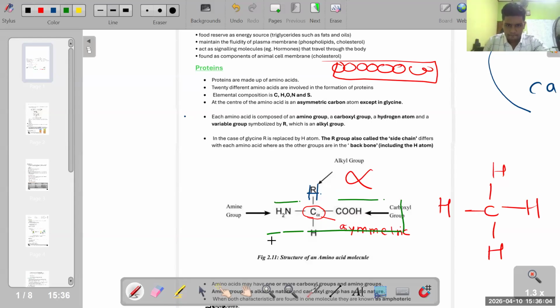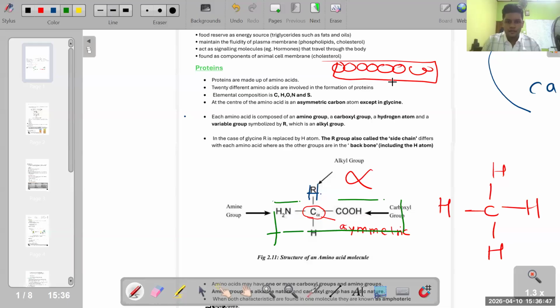These three, the amino group, the carboxyl group, and the hydrogen atom, would be the same for all amino acids. What is changing from amino acid to amino acid? Only the variable group, the alkyl group, right?